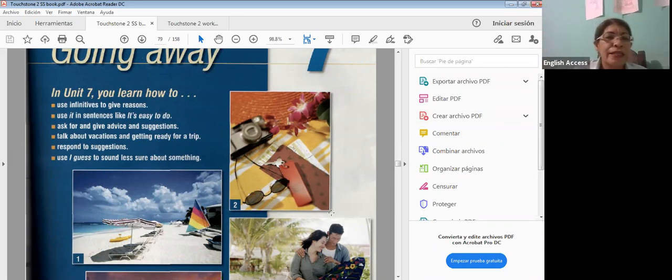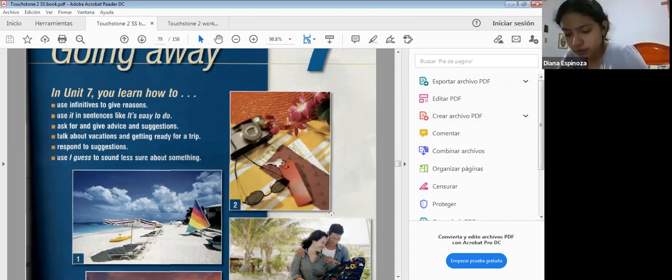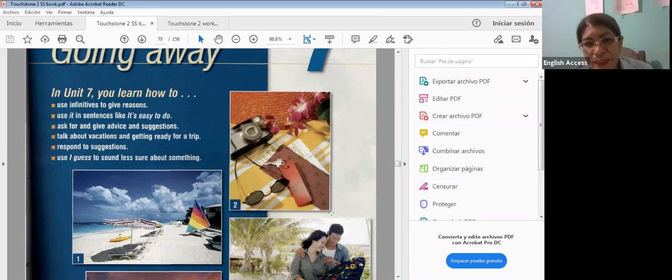Okay, let's begin. In unit 7, you learn how to use infinitive to give reasons. Use it in sentences like it is to do. Ask for and give advice and suggestions.